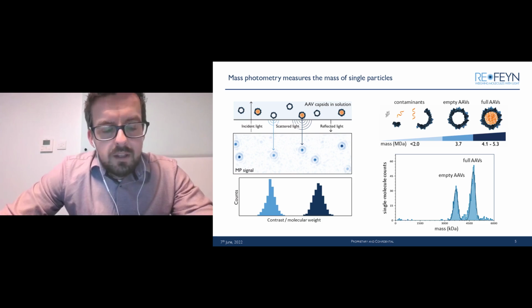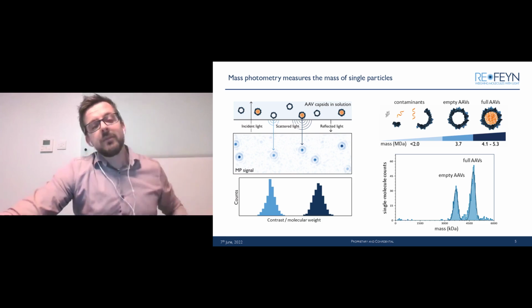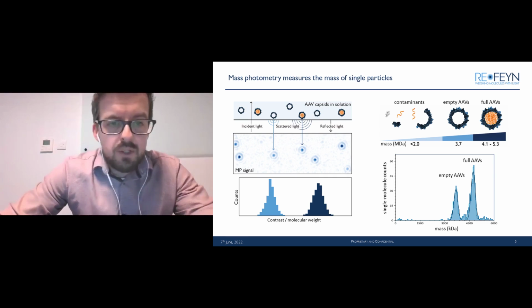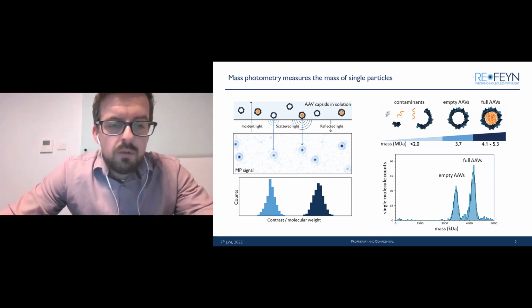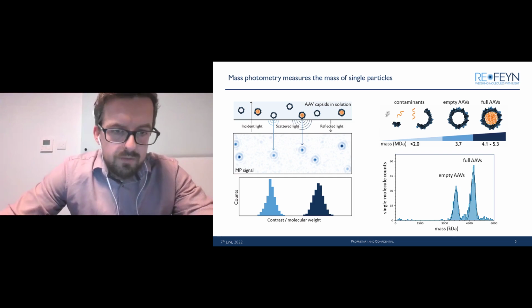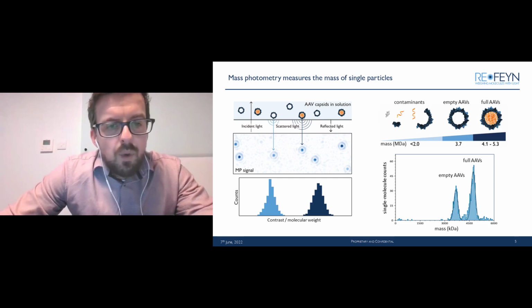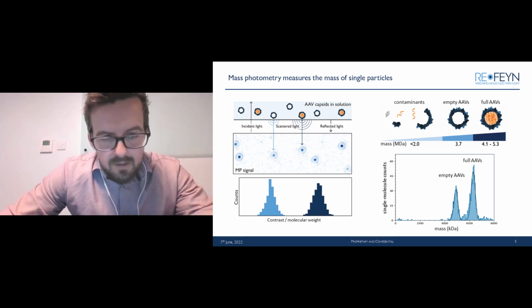In the middle image here, where you can see it labeled as MP signal, this just shows that we capture a series of images using a camera. And three components contribute to image formation. So the light that is reflected from the glass-water interface, and the light that is scattered by the AAV particles, in this case, as well as the interference between the light that is reflected and the light that is scattered.